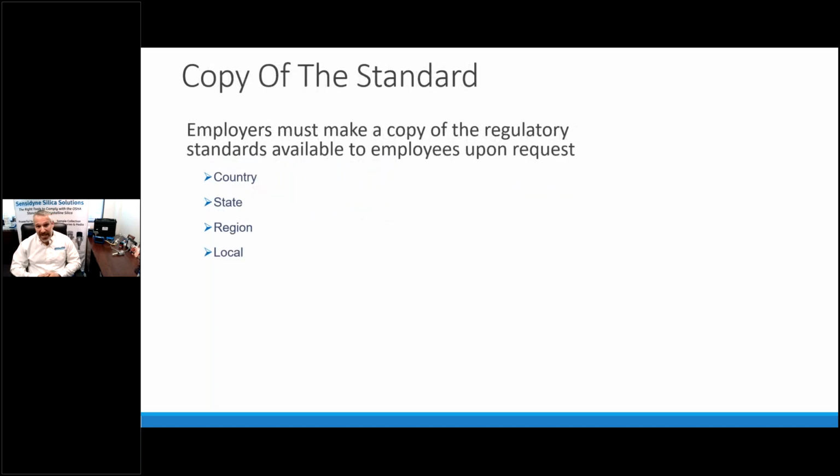A copy of the standard: employers must make the regulatory standards available to employees upon request. It's important to note that different countries have specific standards. Some employers have employees that travel and work in different countries. They must know those standards and comply with them. Different states and regions and even local municipalities may have their own standards that govern exposures to respirable silica.